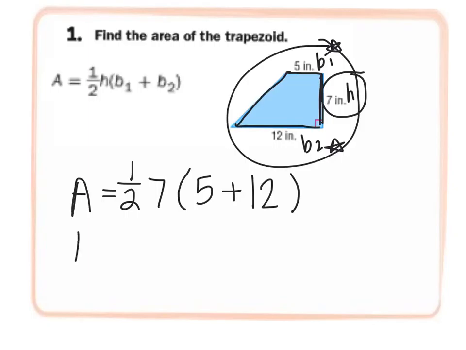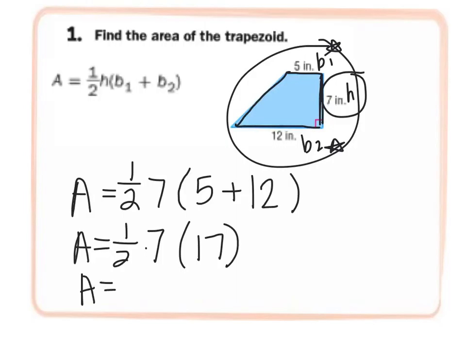Okay, then I'm going to take the next step: half times 7, and then 5 plus 12, I know, is 17.